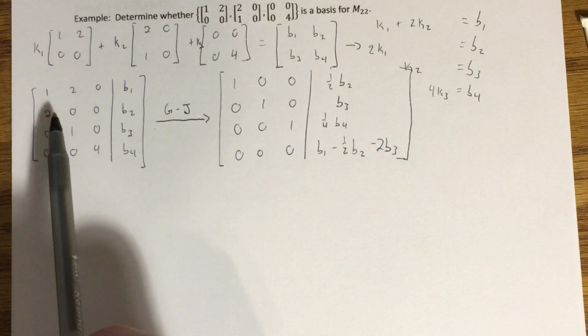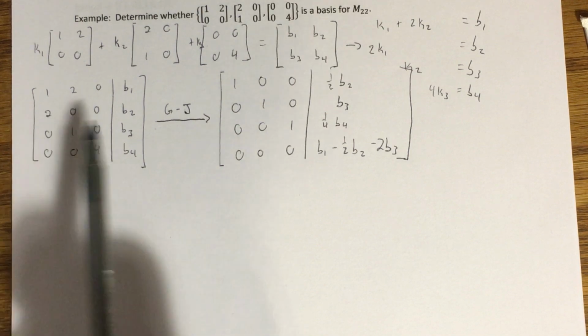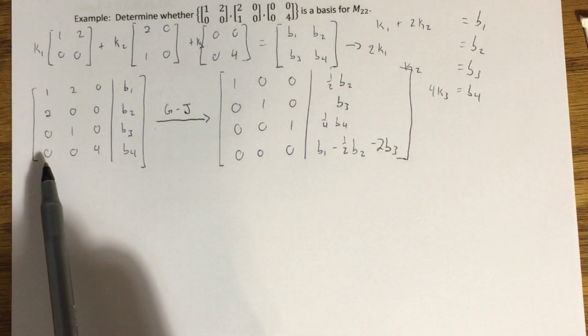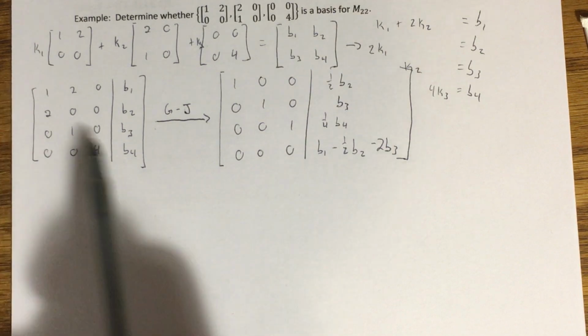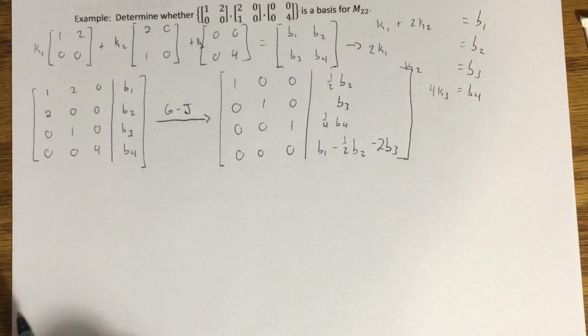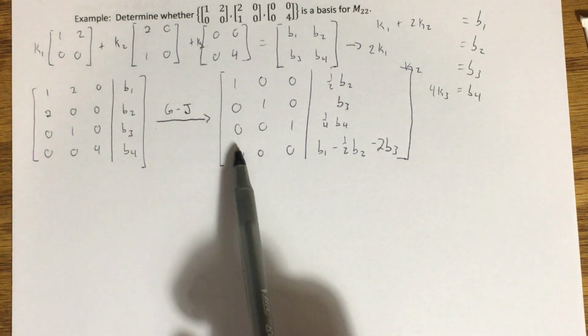And then I multiplied by scalars, 1/2 here and 1/4 here, to turn this 2 and this 4 into ones. And then I added a couple of constant multiples of some of the rows to turn this last row into a row of zeros down here.